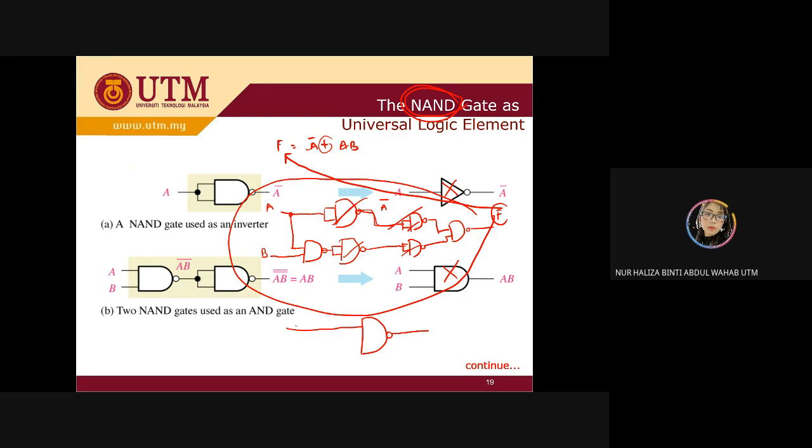This is your A here. Okay, I have this part. B, A. This is your final circuit for this using the NAND gate only. See, you don't have a NOT gate, you don't have an AND gate and so on. It is only NAND gate.